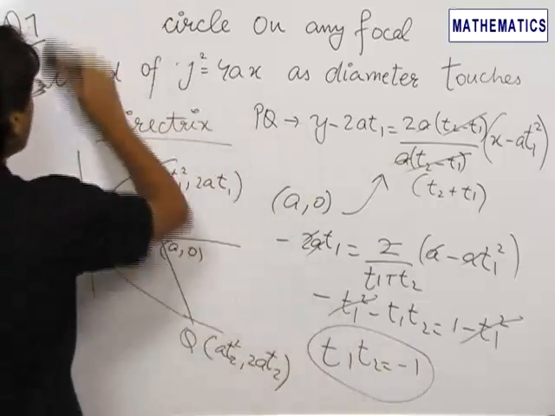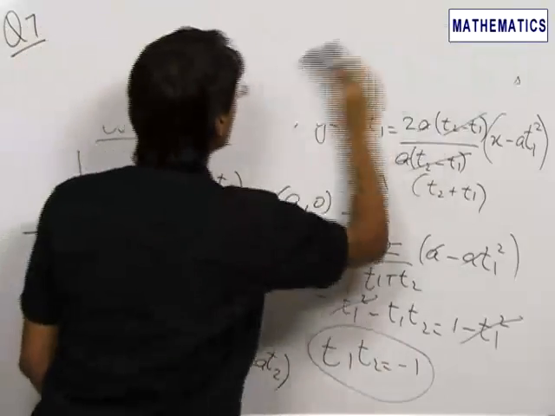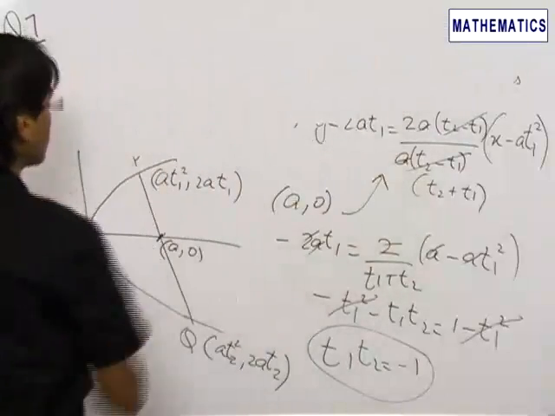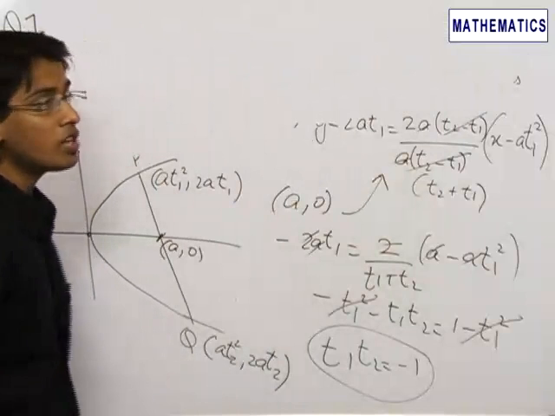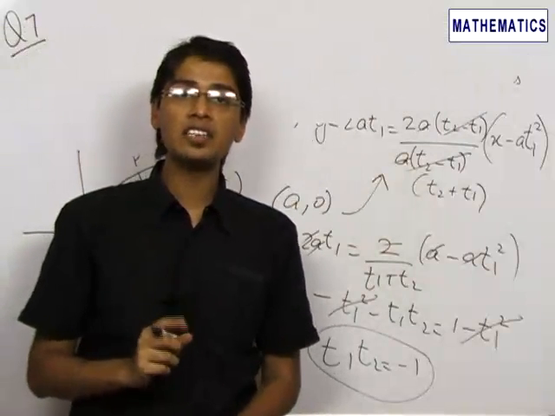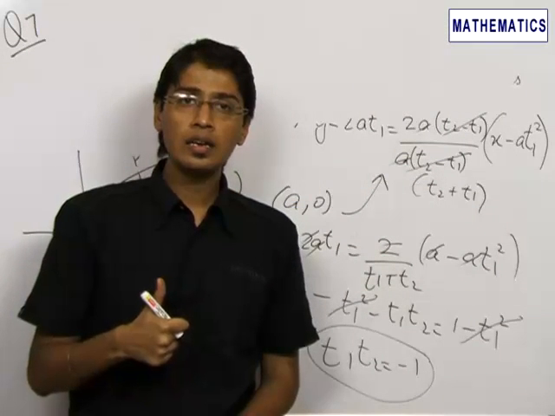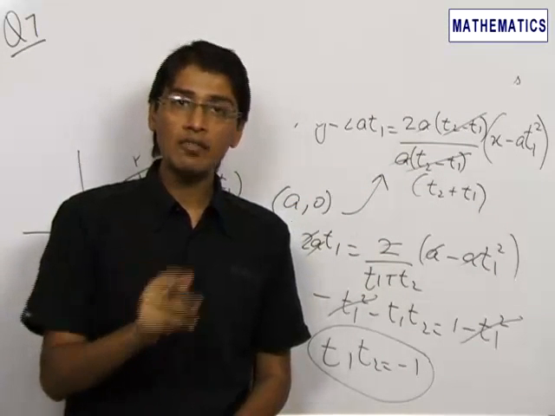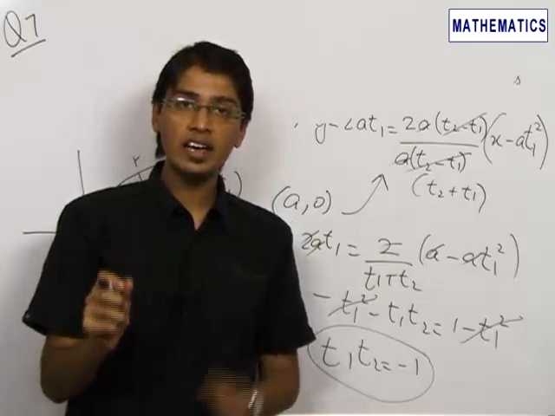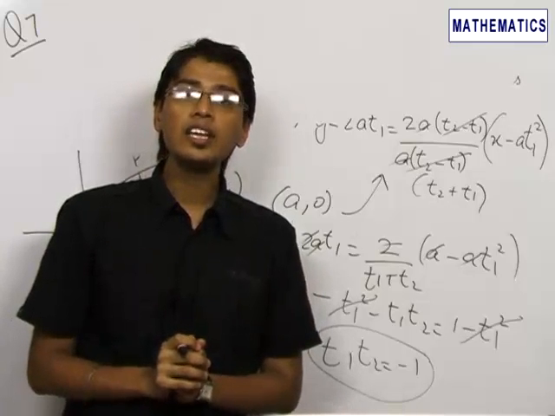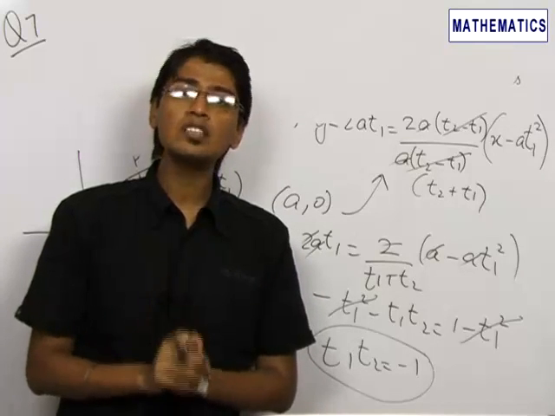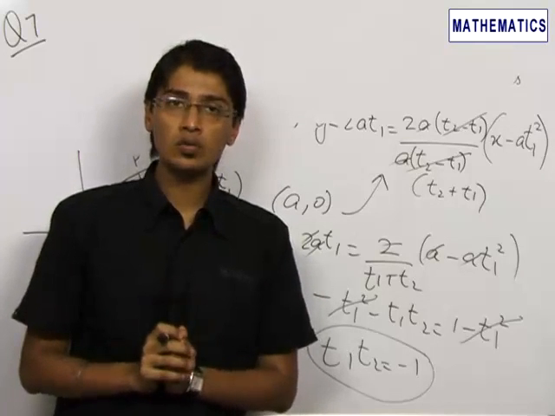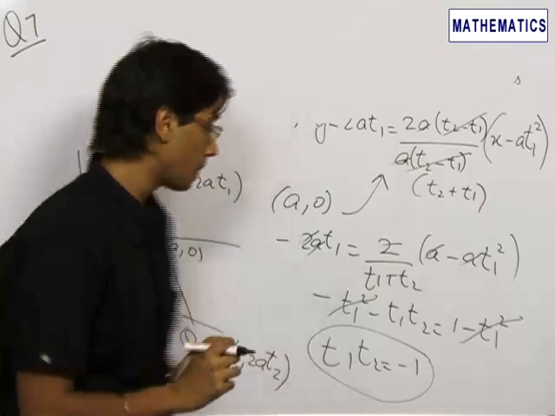Now we need to prove that the circle on this focal chord as diameter will touch the directrix. And we know that if there is a point x1 comma y1 and another point x2 comma y2, and a circle is drawn having them as the extreme ends of the diameter, then the equation of the circle is x minus x1 into x minus x2 plus y minus y1 into y minus y2 is equal to 0.